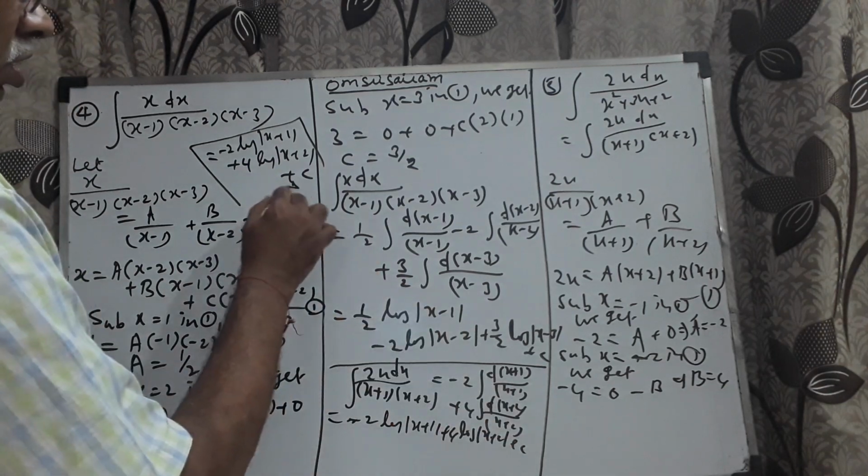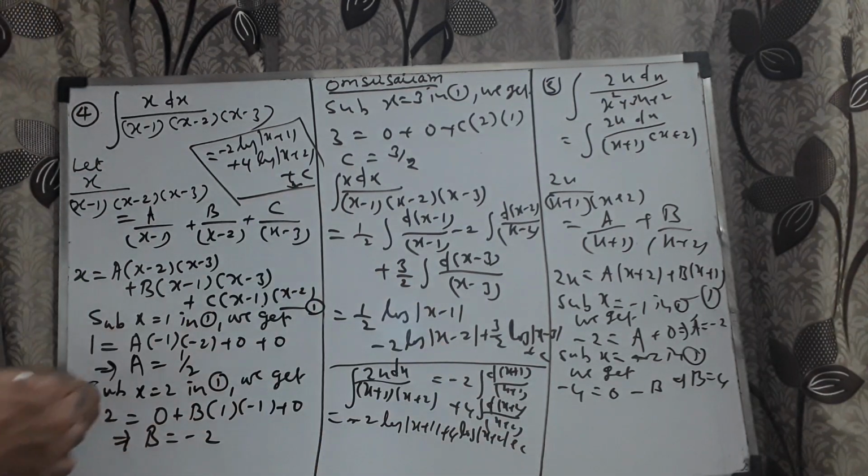I have written it here anyway. You can check. 2x divided by x plus 1 and x plus 2, I write it as a by x plus 1 plus b by x plus 2, and after taking LCM and cancelling out the denominator, I end up with 2x equal to a into x plus 2 plus b into x plus 1.